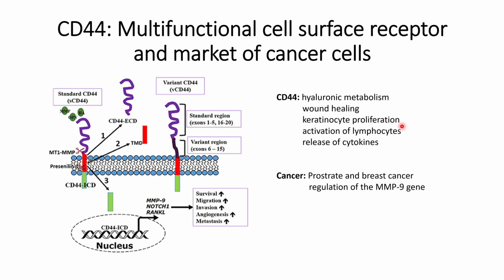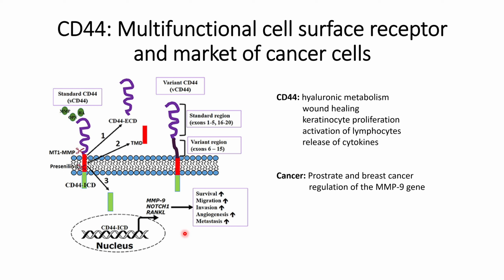Otherwise, the cell growth will be decreased, or will not be enough to provide the energy that is necessary for the survival of human beings or living organisms. And this release of cytokines is also connected to activation of lymphocytes, as when the cytokines are released, it helps in the activation of the immune system or the lymphocytes or white blood cells.